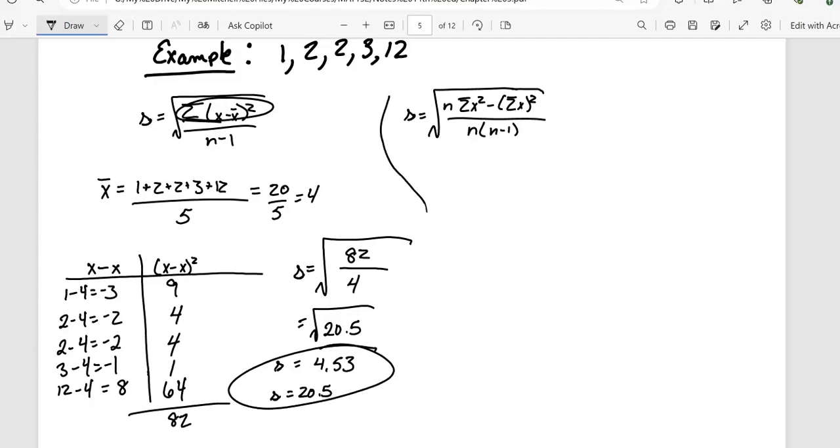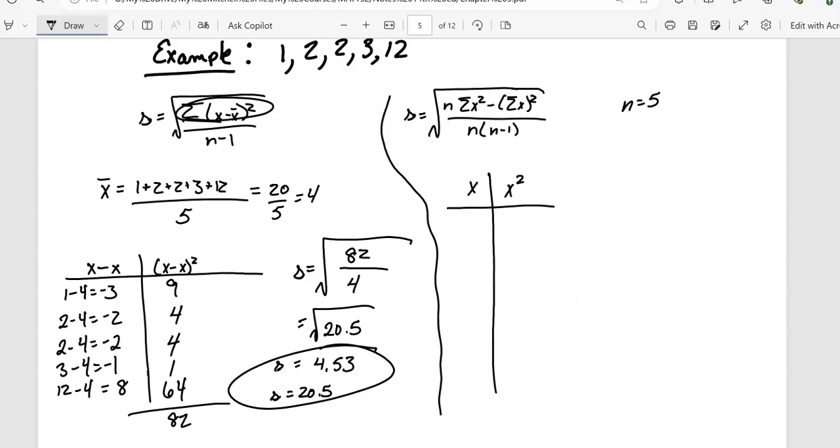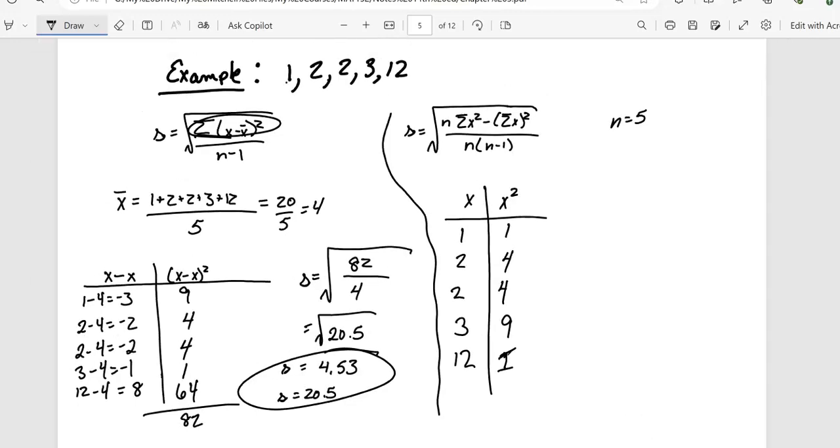Now, if I use the other formula, I think this one's actually a lot nicer. Remember, n is 5 here because that's how many numbers we had. So I'm going to create an x column and an x squared column because I need the sum of the x's and the sum of the x squareds. So my x's are my numbers 1, 2, 2, 3, and 12. If I take each of those and square it, that's what's going to go in this column. 144 goes there.